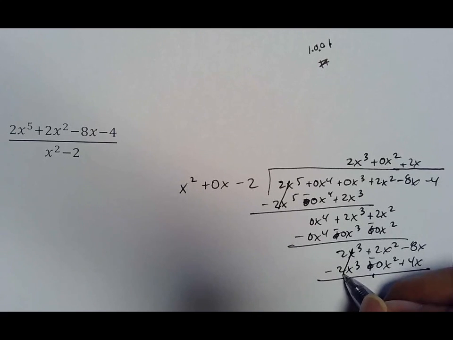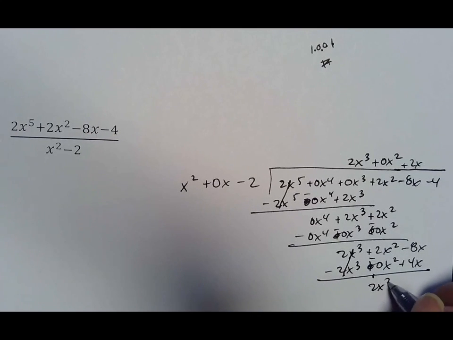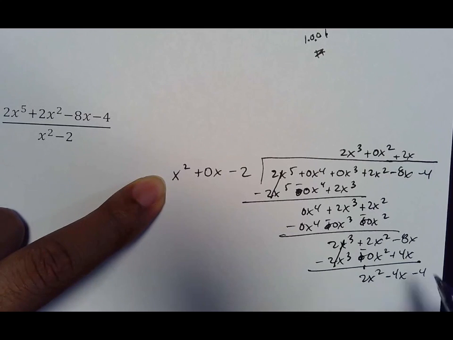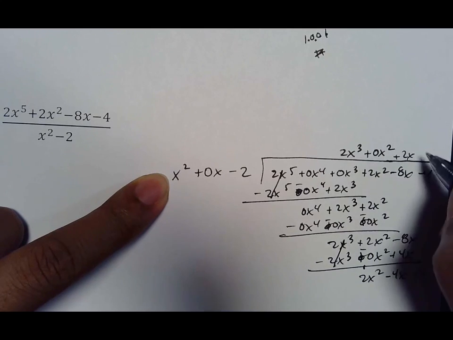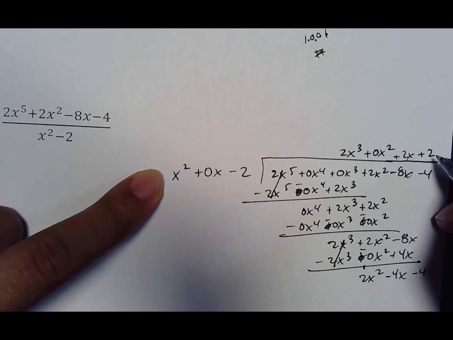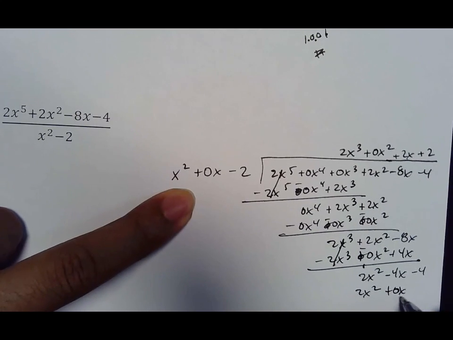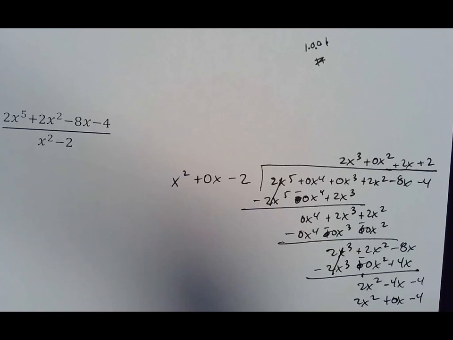and add. You end up with 2x squared minus 4x minus 4. And in the end, what's missing here is just a 2. So 2 times x squared is 2x squared plus 0x minus 4. And look at this.